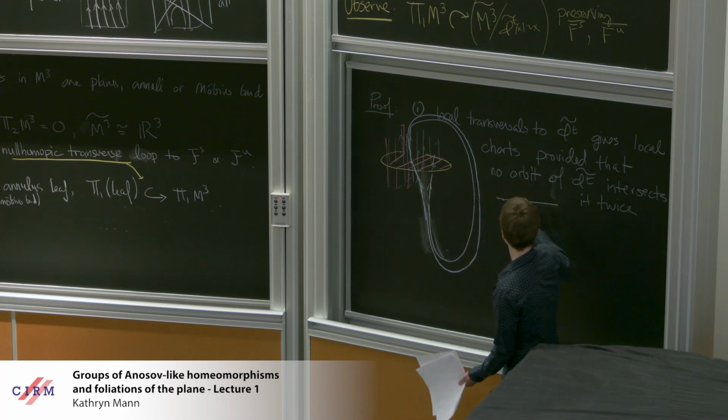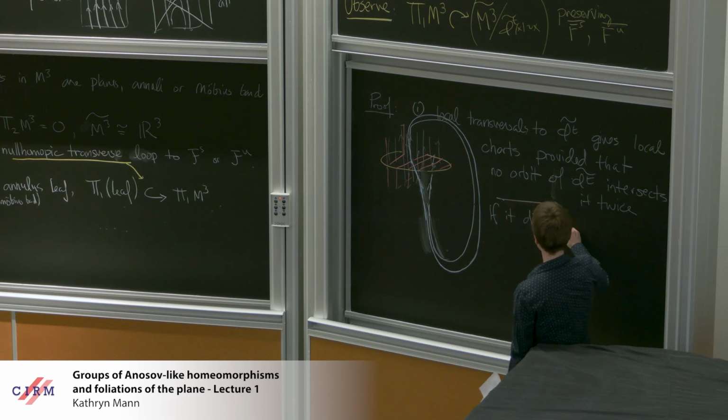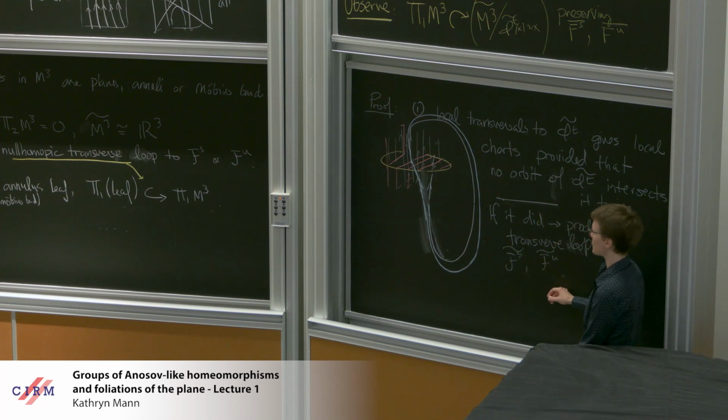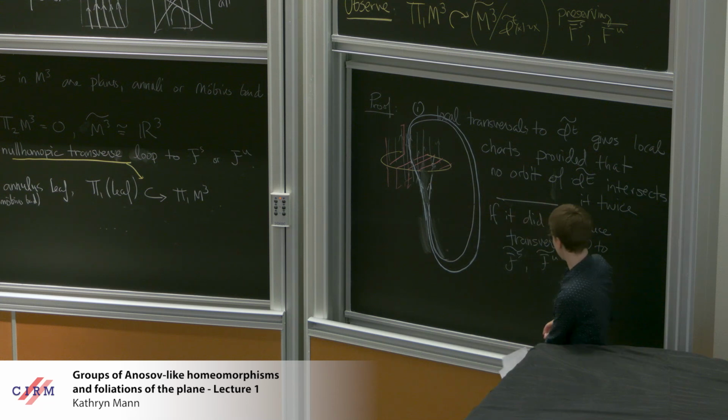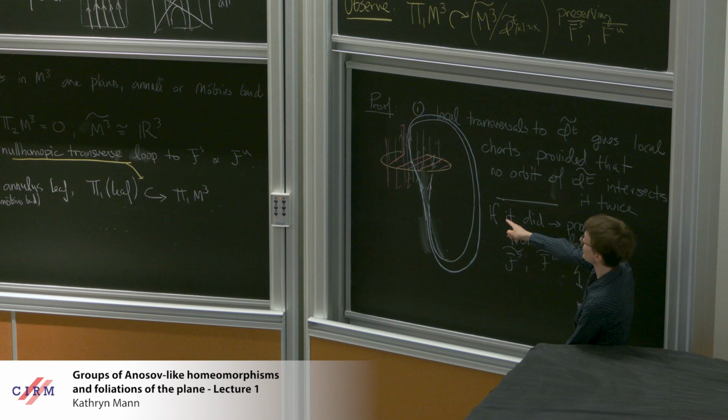But if it did, you could produce a transverse loop to the lifted Fs or Fu, which is not going to happen because these are nice foliations by properly embedded planes. Novikov's theorem does not let you do this. So, contradiction.